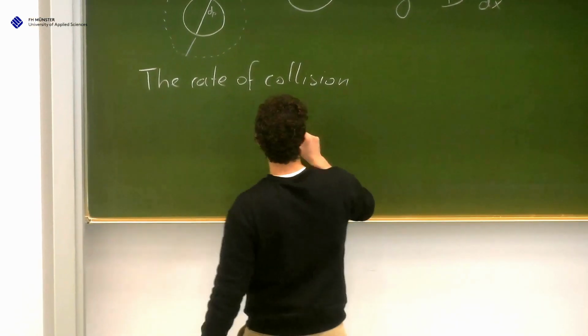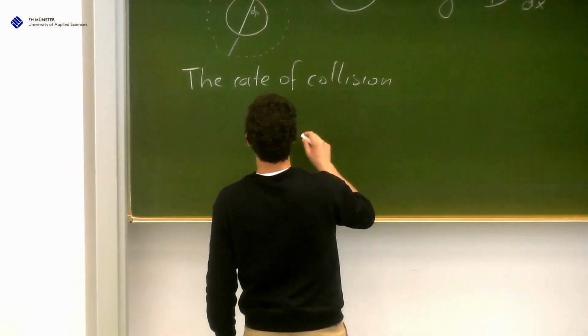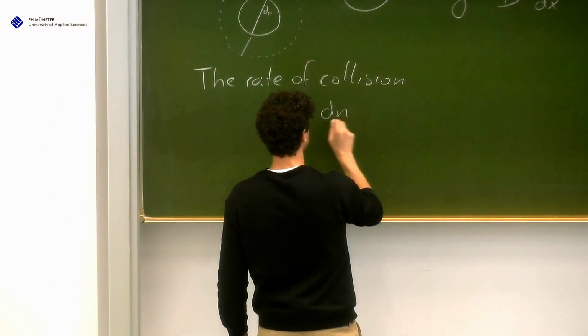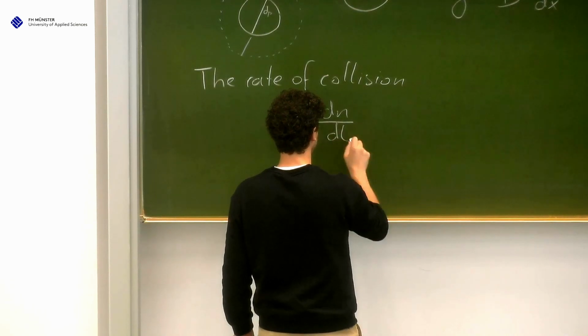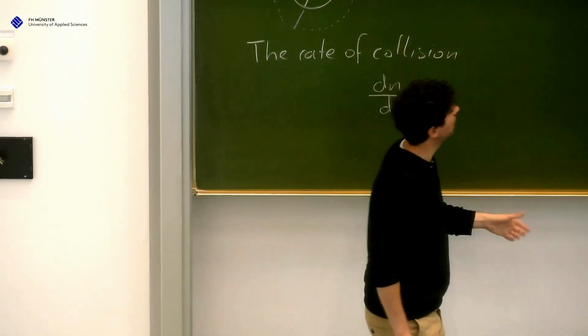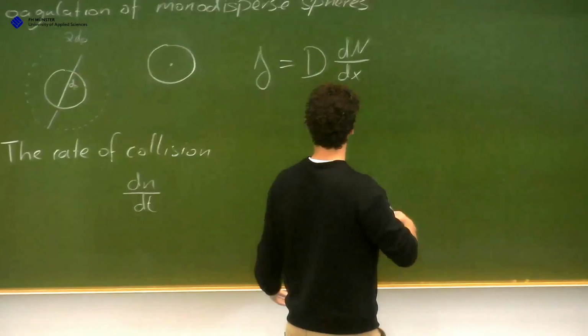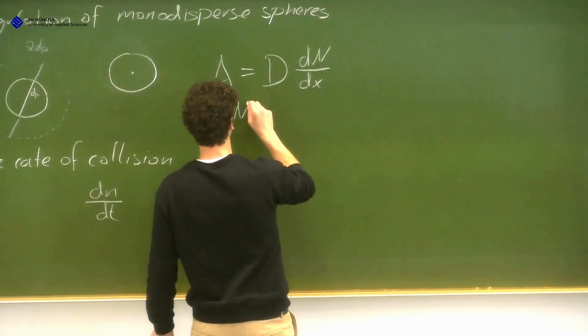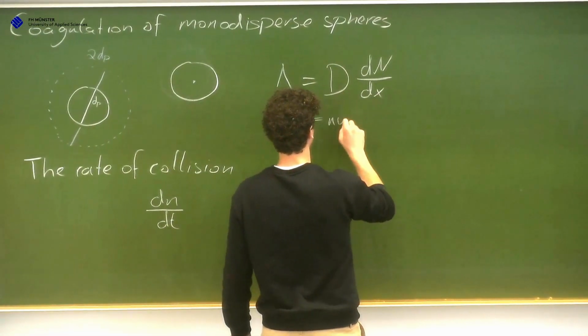So what is the rate of collision? The rate of collision is dn dt. So small n is collision, large N is number concentration.